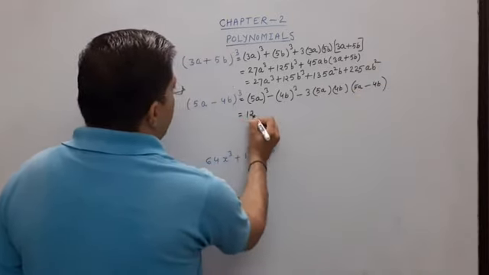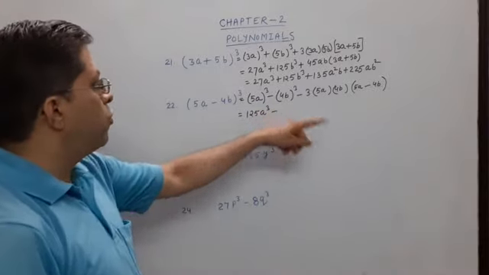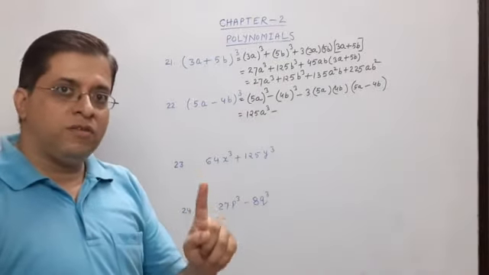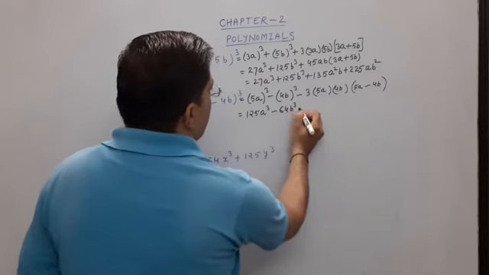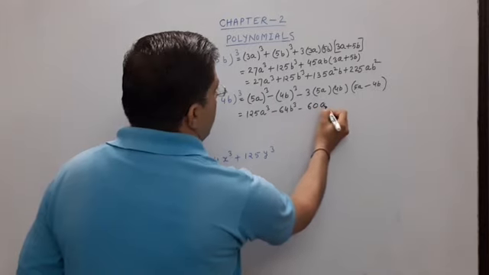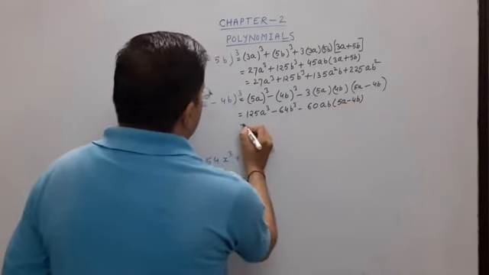Okay, this is 125a cube. 4 cube: 4 fours are 16, 16 fours are 64b cube. What will come? 5 fours are 20, 20 threes are 60ab. Then here 5a minus 4b.